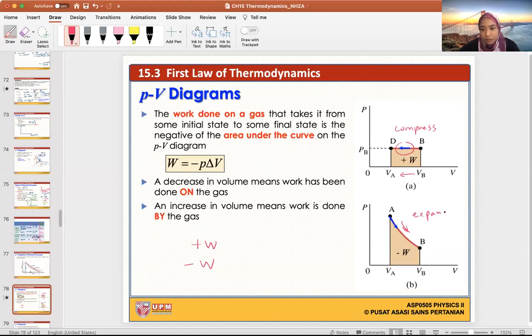That means you are doing negative work. Okay, positive work done on the gas, negative work done by the gas. On means positive work. By means negative work.